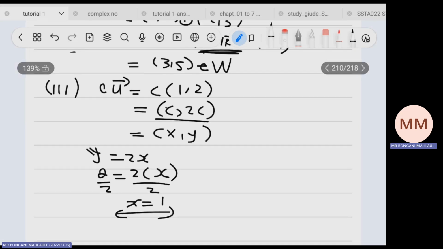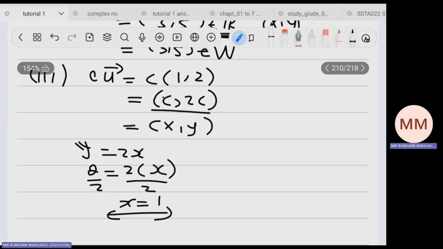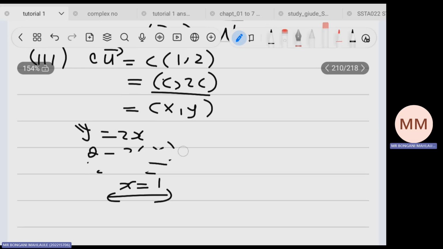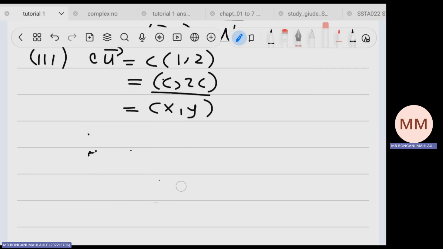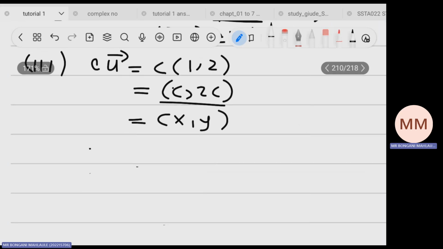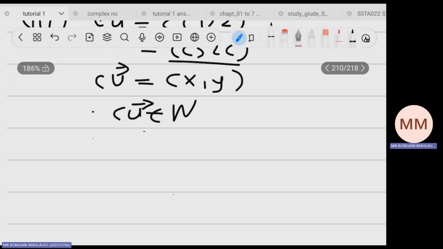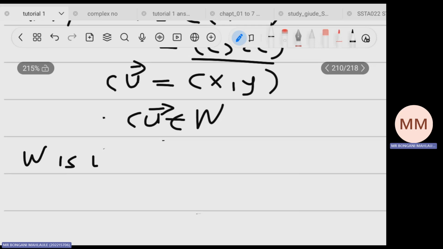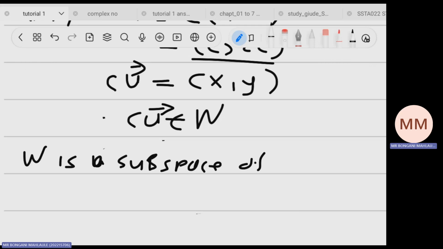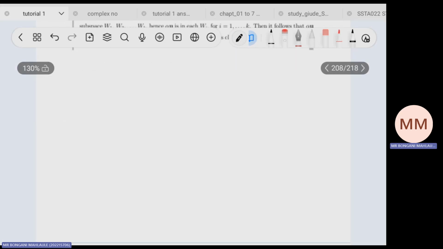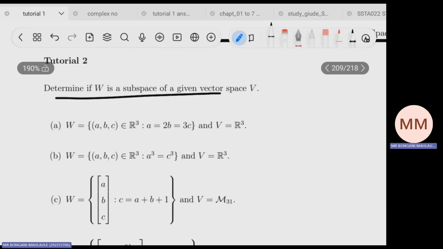You see? So anyway, here we can just say that Cu is an element of the subset W. So you can say W is a subspace of R2. Number one, now come here on tutorial 2.